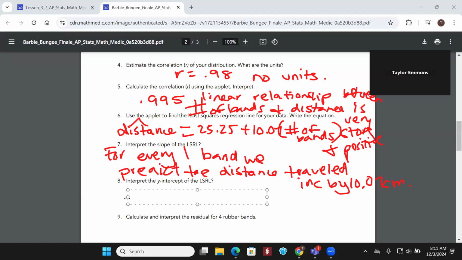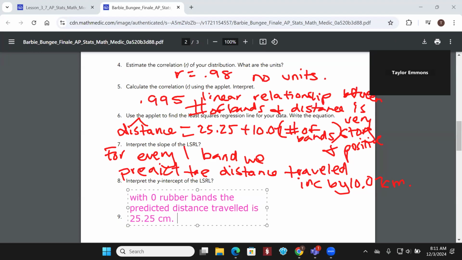If we want to interpret the y-intercept of the least squares regression line, it means that with 0 rubber bands, the predicted distance traveled is 25.25 centimeters. Again, your data is going to be different on these next couple of ones.